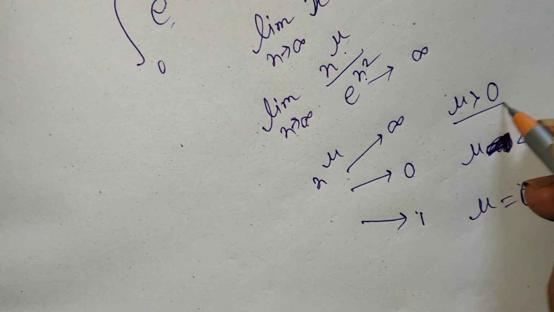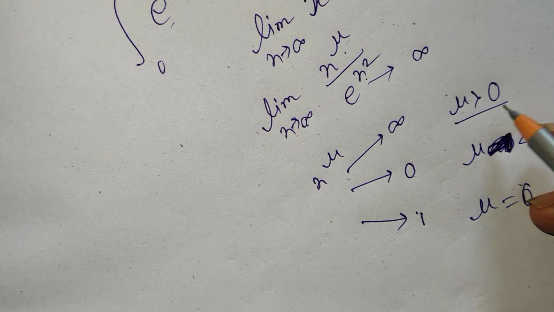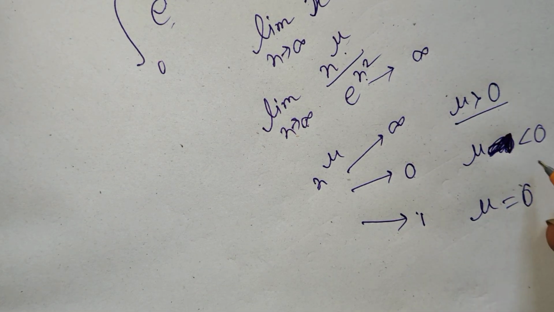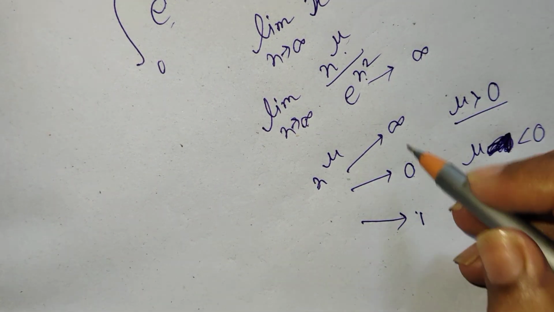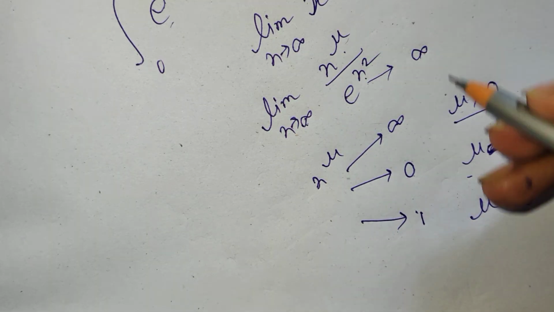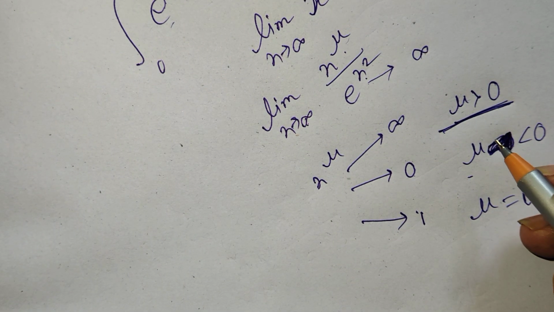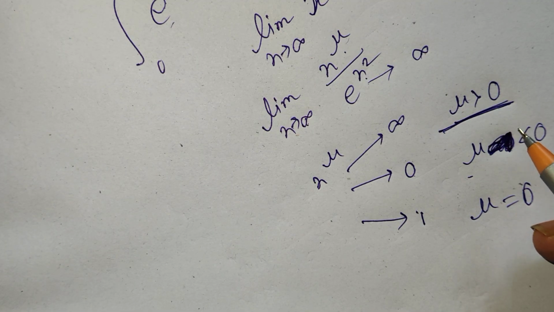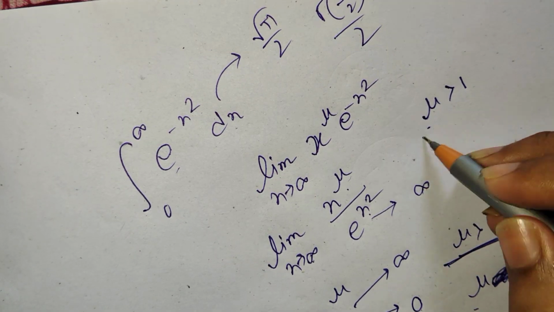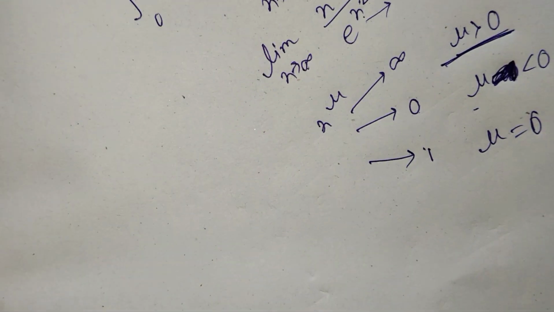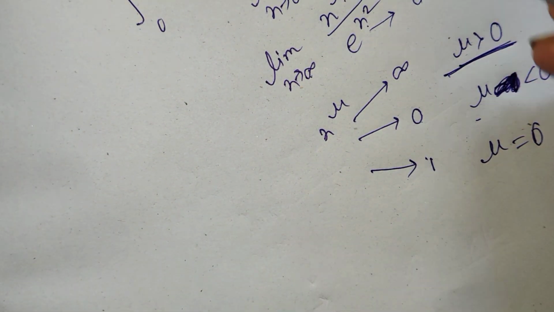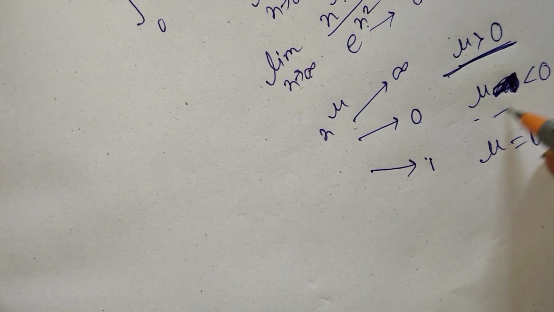So we are talking about mu greater than 0, we have to have infinity at the numerator, so you have to choose this condition. So you can take anything which is more than 0, but there is another condition which is mu should be greater than 1.